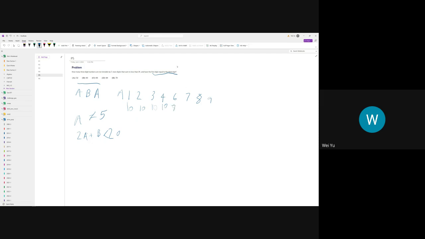If A is 7, then B is less than 6, so 6 values. If A is 8, then B must be less than 4, so there's 4 different values. And if A equals 9, then B is less than 2, so B can only attain 2 values. Adding all of this up, we get 10, 10, 10, 10, 8, 6, 4, 2, which is 60.